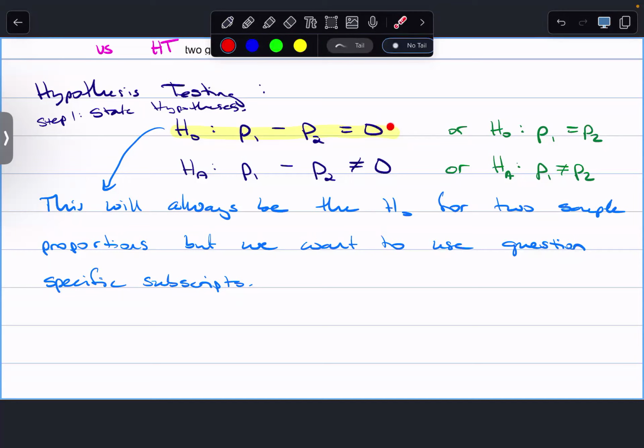Now, one of the things that we'll talk about, but just to remember, is that we do all our testing assuming the null hypothesis is true. Now, if P1 is equal to P2, let's focus on this one for a little bit, right? If the difference is 0, those mean the same thing, then it shouldn't matter which group they came from.